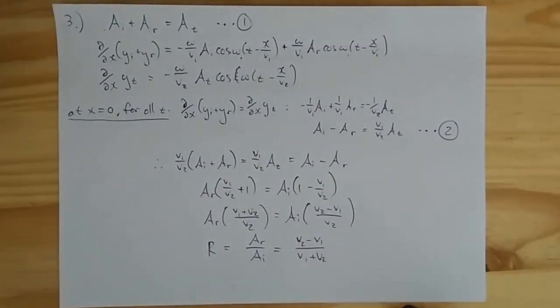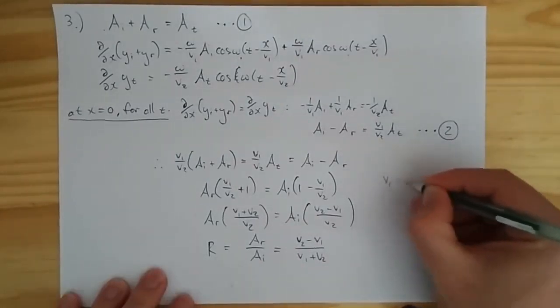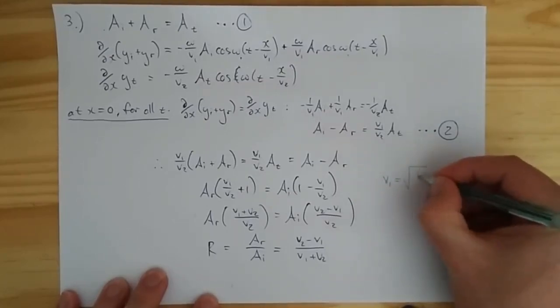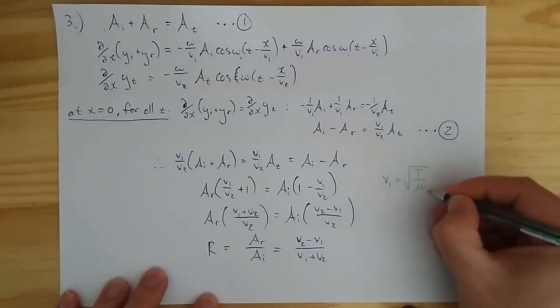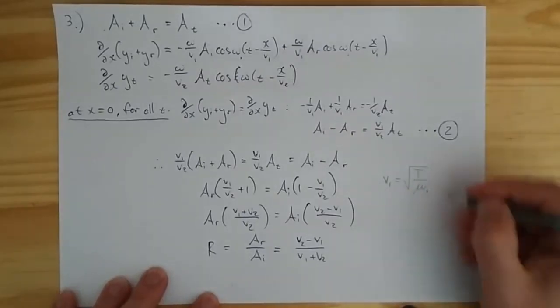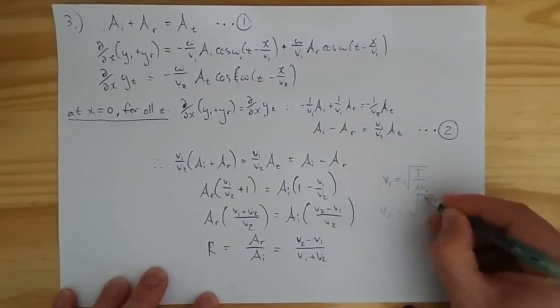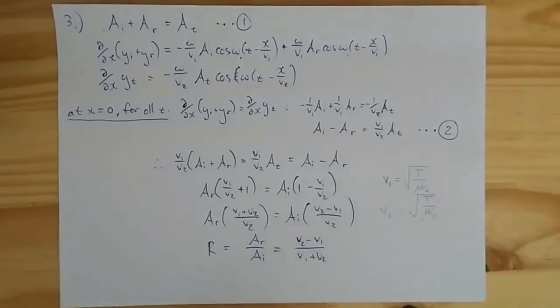But we also know that from the wave equation, the speed v1 in that string is the square root of the tension divided by the linear density in that string, and the same for v2: the tension over the linear density in that part of the string.